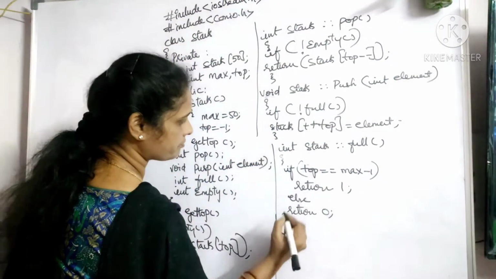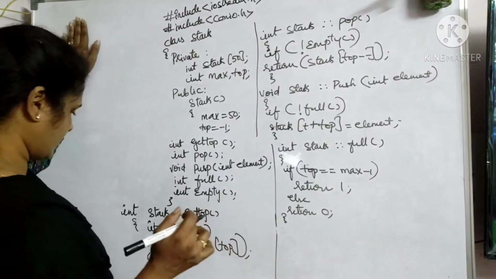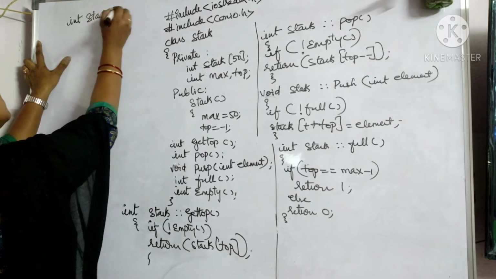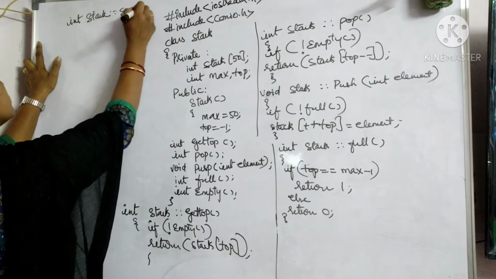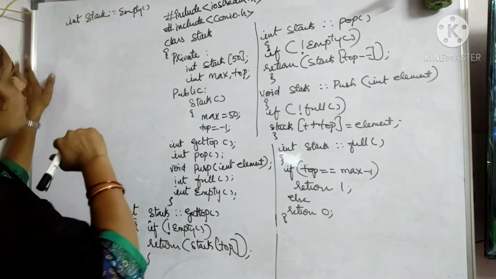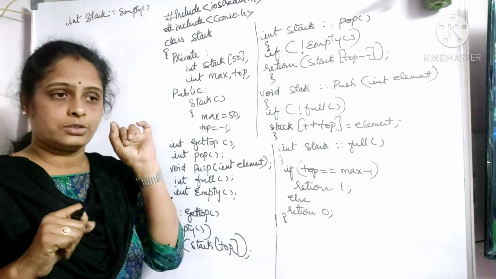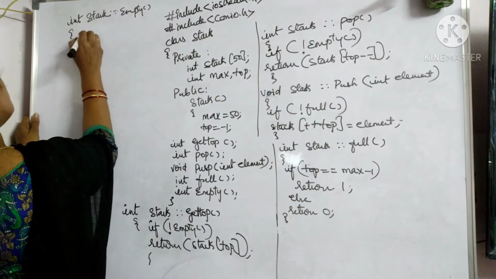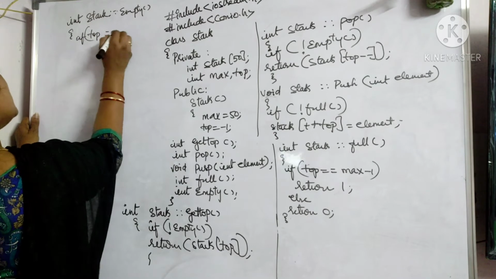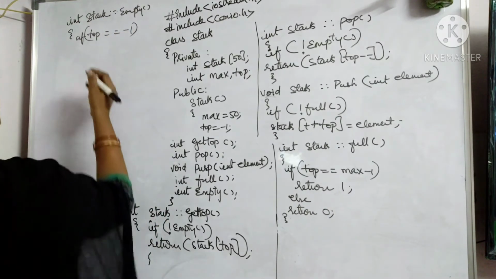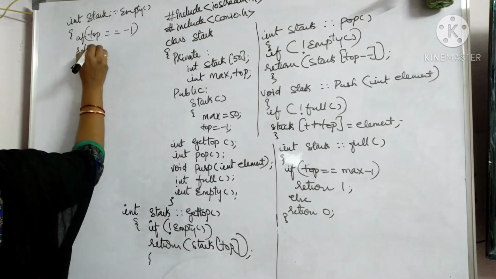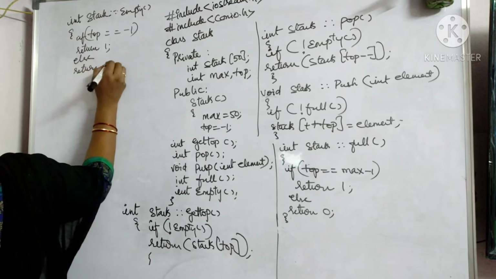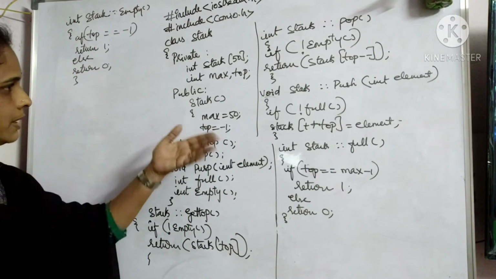So int stack empty: if top double equal to minus 1, then it is empty, so return 1, else return 0. That's it. So all the methods of it are implemented.